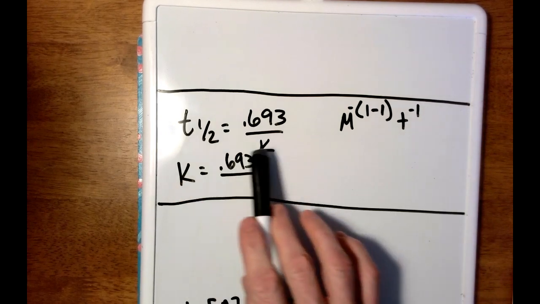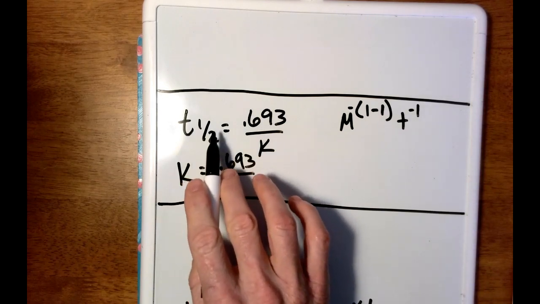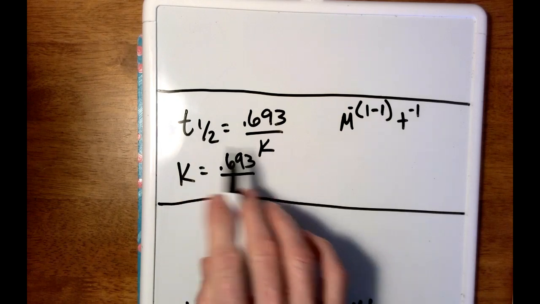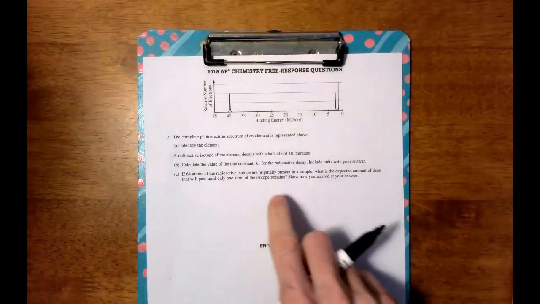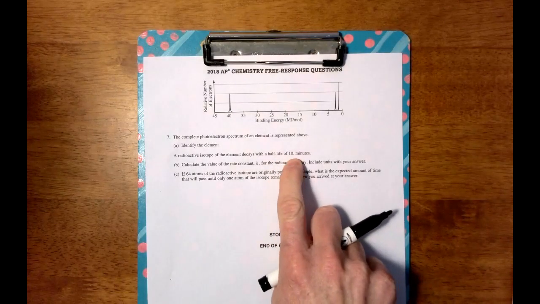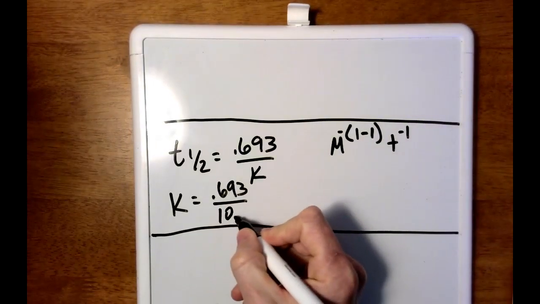So we have this equation right here, and we just swap K and the half-life to solve for K. In the problem, we were told that the half-life is 10 minutes, and it's 10 with a decimal, so only 2 decimal places.